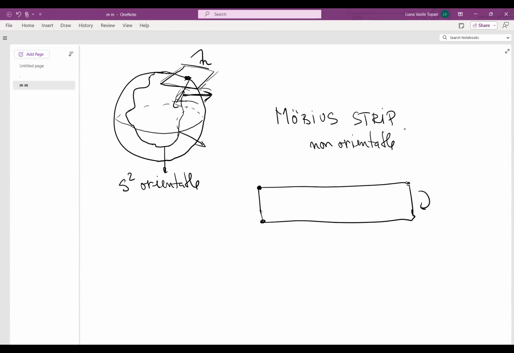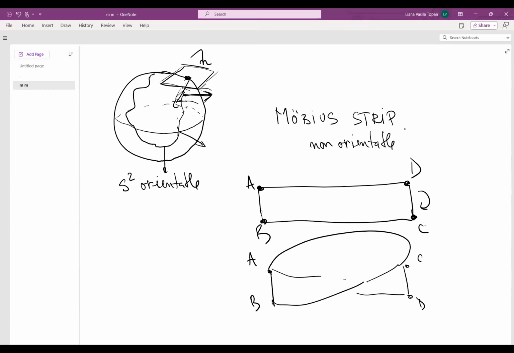So A, B, C, D. So A, B stay where they are, like that, and then you flip C and D. So here you will have something like that, and then you join C with A, right, and D with B. So you'll have something like that. Okay, so you flip it once, and then you do this with them.